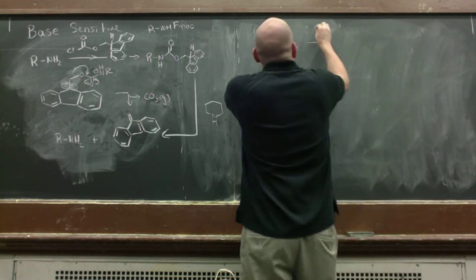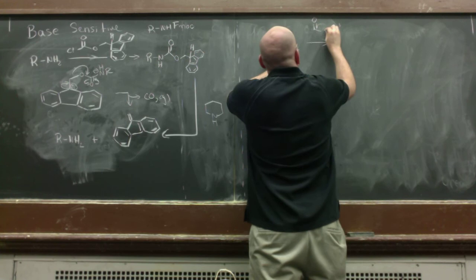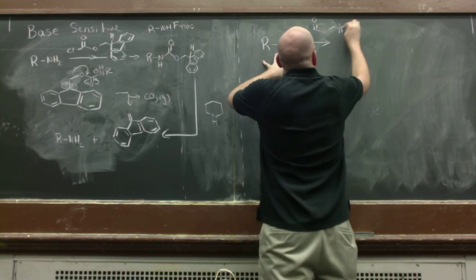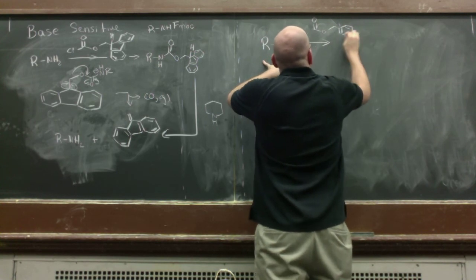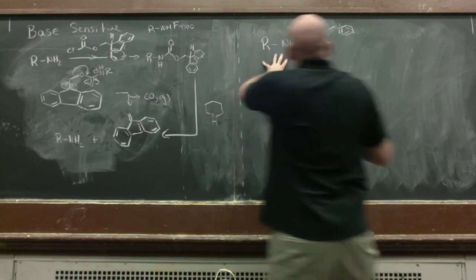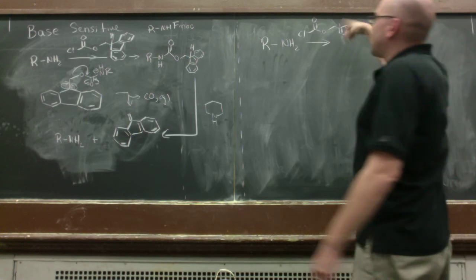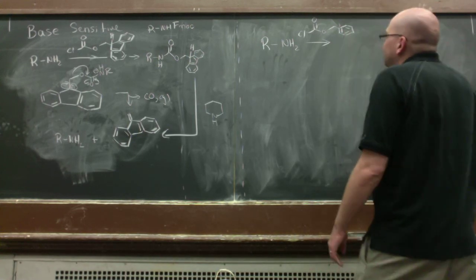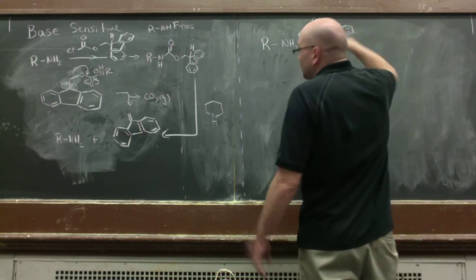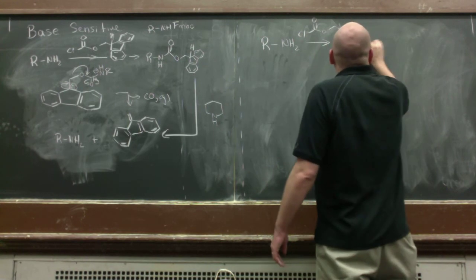In the case of the amine, what we're going to do is something called a CBZ group. It's basically a benzyl version of a lot of these other ones.